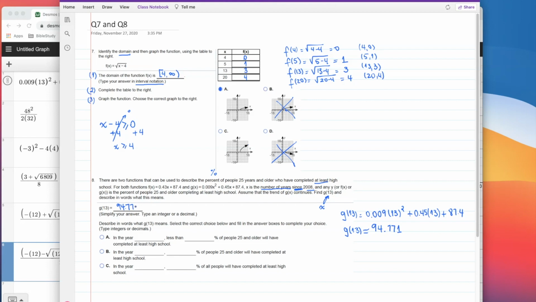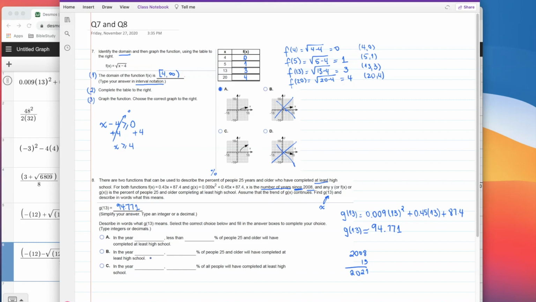Now I have to interpret this. What this means? It is not year 13, but the number of years since 2008. So we start in 2008 and 13 years after that gives me the year 2021.